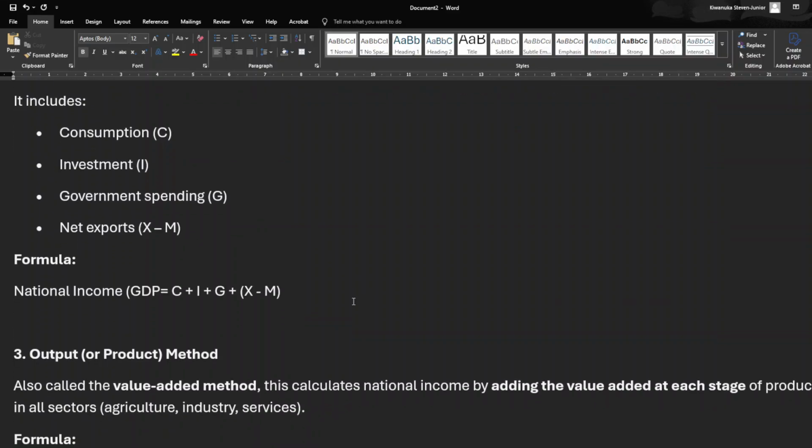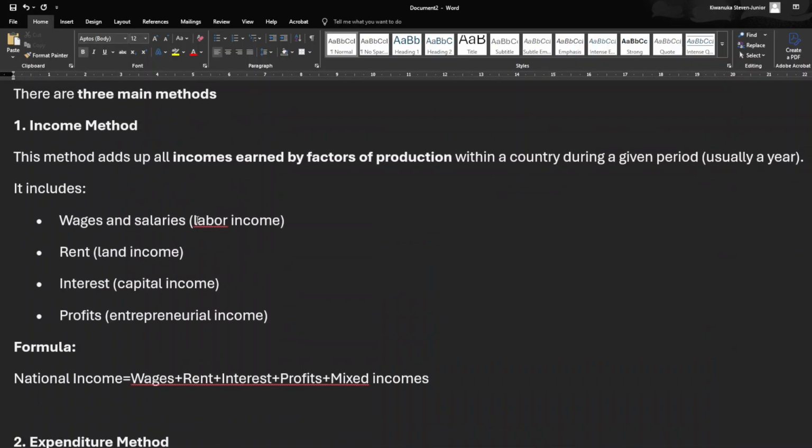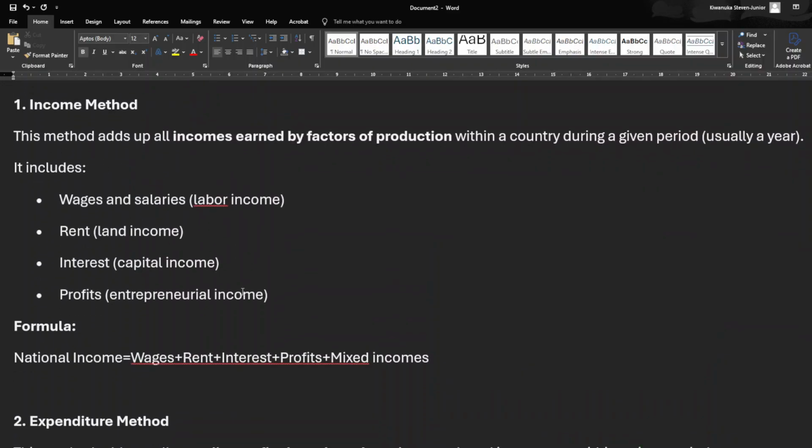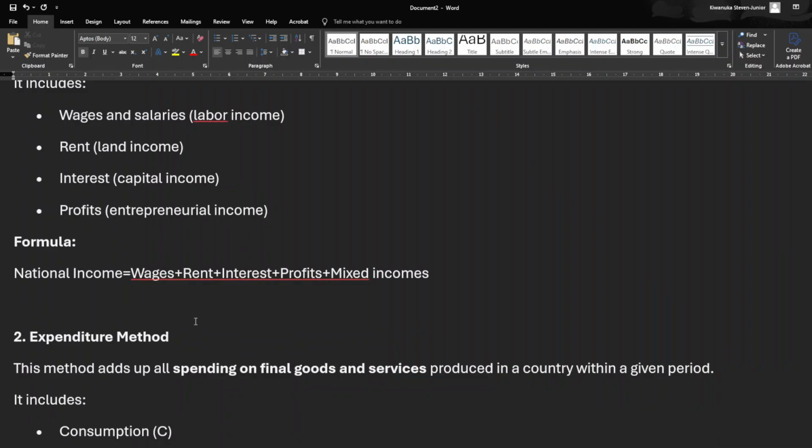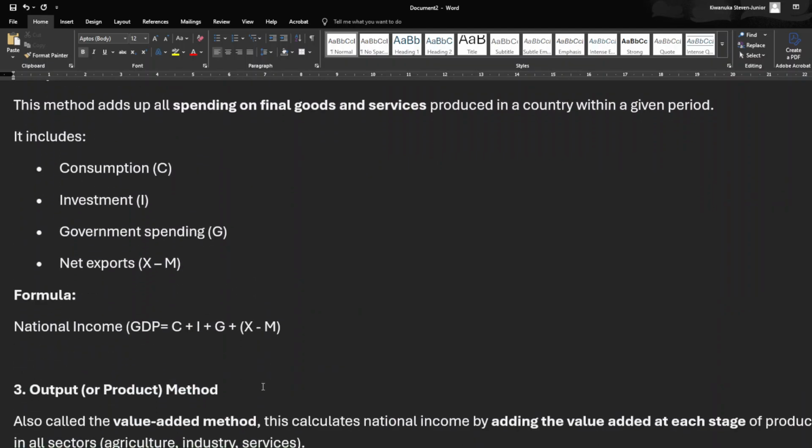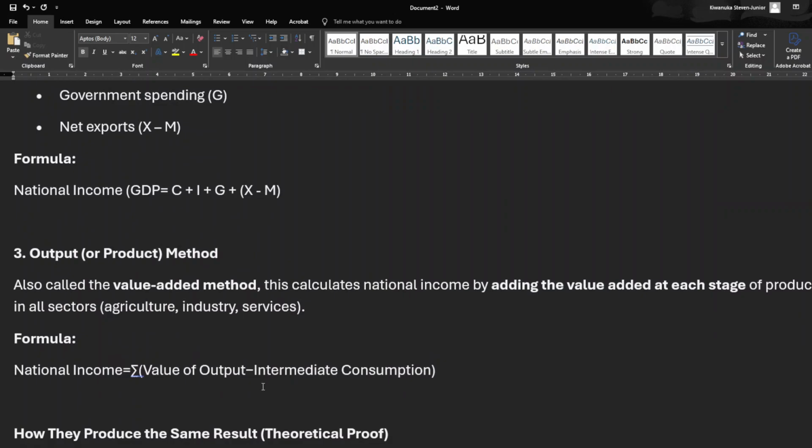And lastly is the output or product approach, also called the value added method. This calculates the national income by adding the value added at each stage of production in all sectors. At each stage, we are adding up all the value added. For fishing, they preserve, store, and transport at each stage.